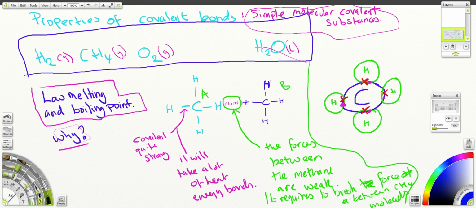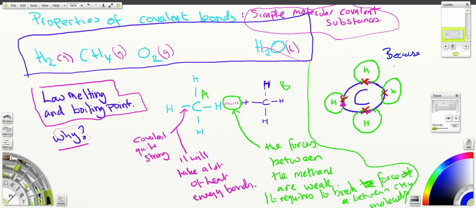Now remember, this is our dot and cross diagram for the methane molecule. As you should recall, carbon has a full outer shell because of the covalent sharing. So carbon has 2, 4, 6, 8 electrons in total, and each hydrogen has 2, so hydrogen also has a full outer shell. This is the same for hydrogen, methane, oxygen and water, because they are all simple covalent molecules.